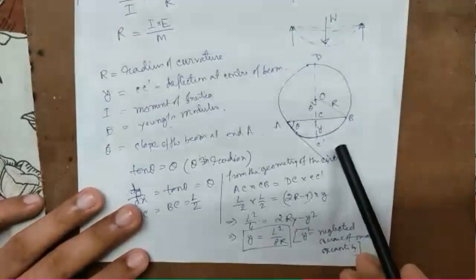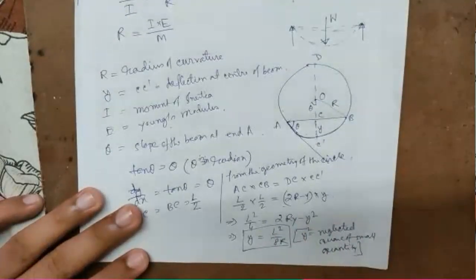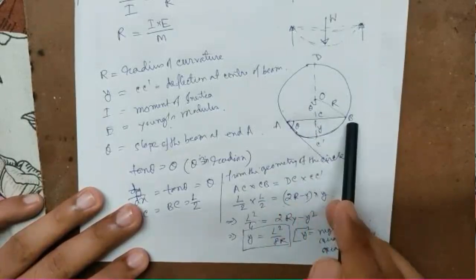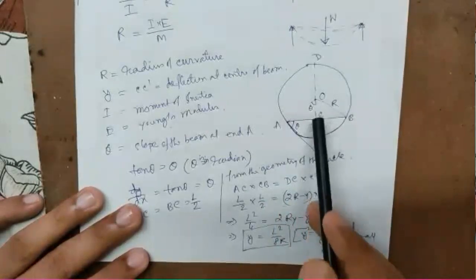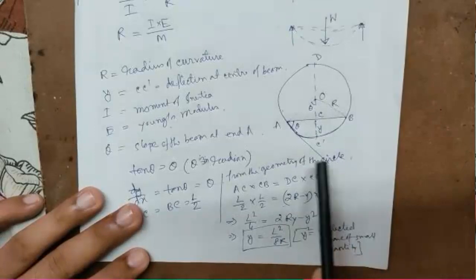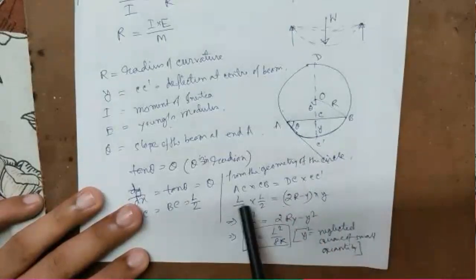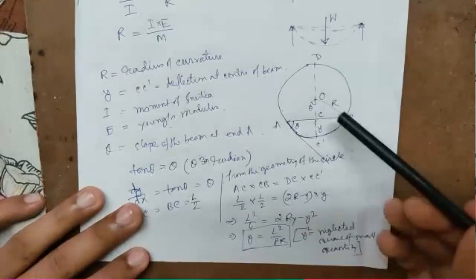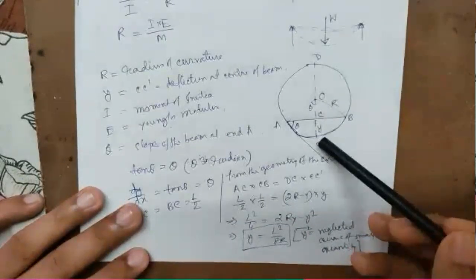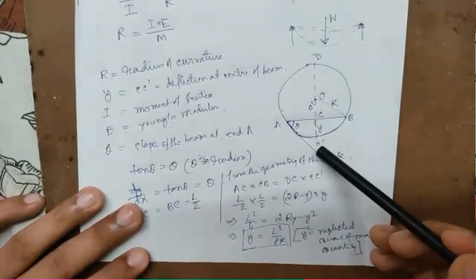Now from the formula of the geometry of circle, which we learned earlier in class 10, AC into CB is equal to CC dash into CD. So we just put the values. AC and CB are both L by 2, and you see this CC dash is Y and DC dash is 2R.